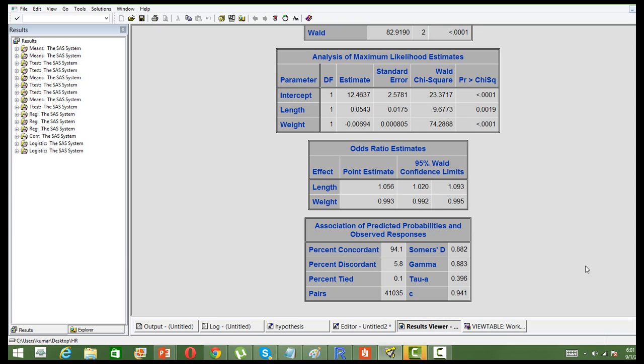It's not, it's different. The C statistic value should always be greater than 0.5. If it is less than 0.5, then there is a serious mistake with the model. It's a total nonsense model. And the closer it is to 1, the better the model.